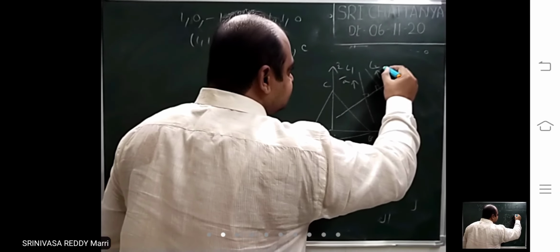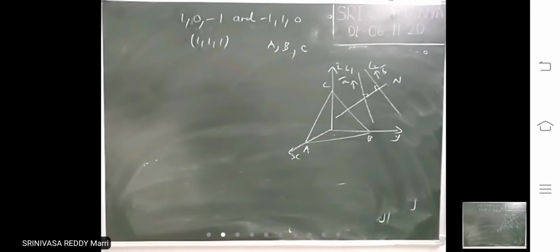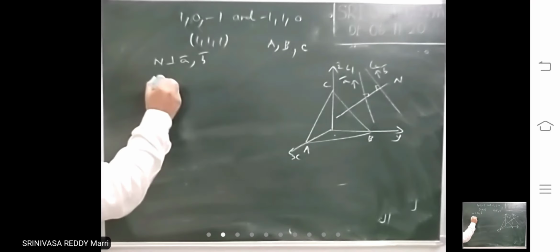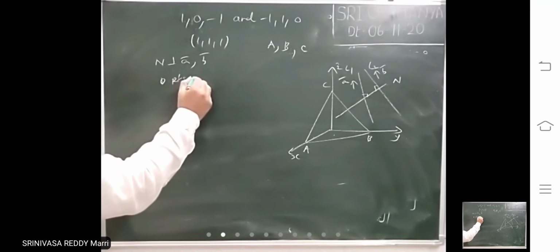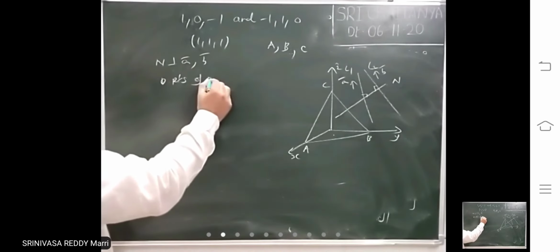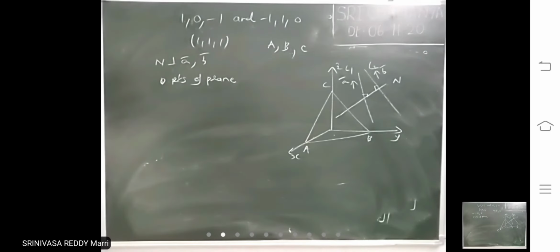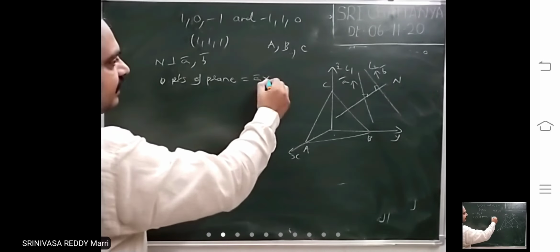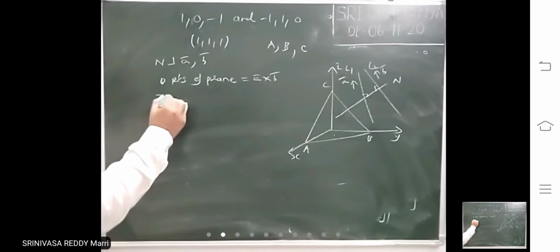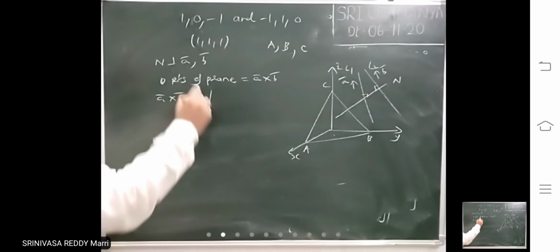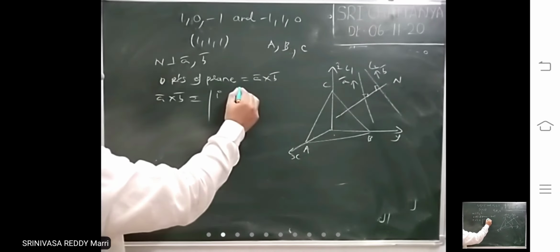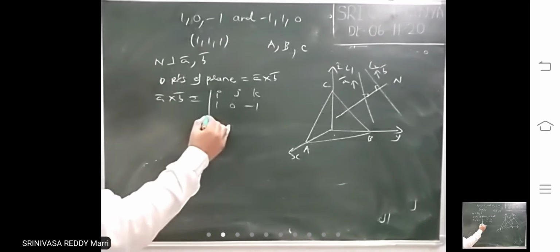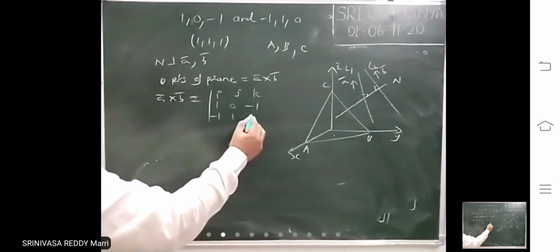This direction vector is A bar, this direction vector is B bar. That means N is perpendicular to A bar and B bar. What are the DRs of the plane? The DRs of the plane are A bar cross B bar. That means the determinant of i, j, k; 1, 0, minus 1; minus 1, 1, 0.